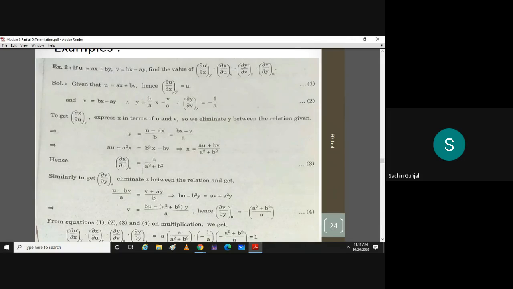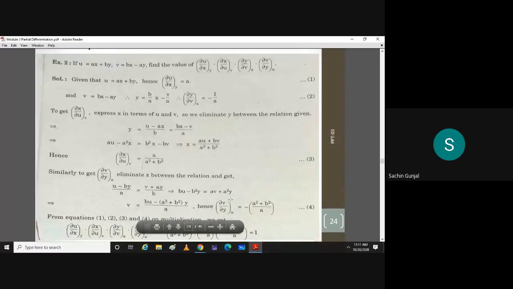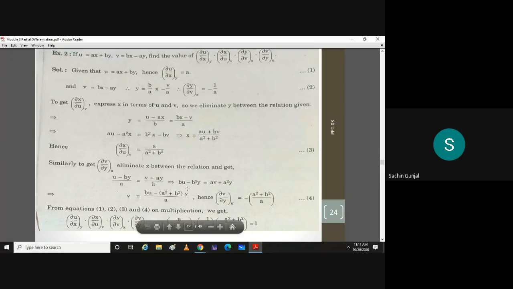Now if you cross multiply, you will get bu − b²y = av + a²y. So v you can find out from this. So v is equal to (bu − (a² + b²)y)/a.